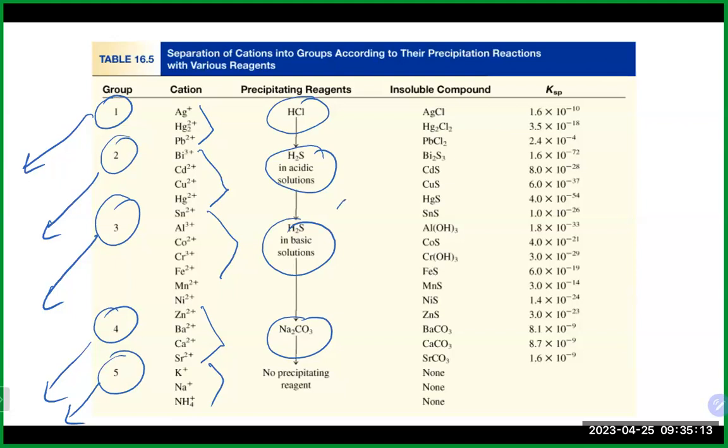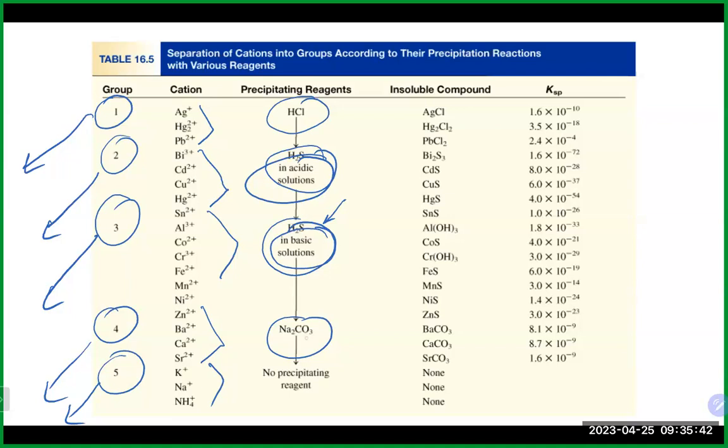You could also, for group 3, use hydrogen sulfide gas, but in basic conditions. So between group 2 and group 3, although they're using the same reagent, which is basically sulfide to precipitate it out, the pH conditions are different. That, as we were talking about earlier, will allow group 3 ions to stay in solution because they need basic conditions to come out, while allowing group 2 ions, which need acidic conditions, to come out. Then you switch it around.